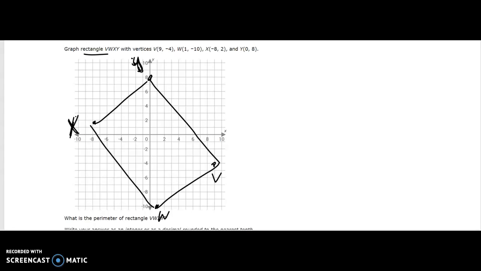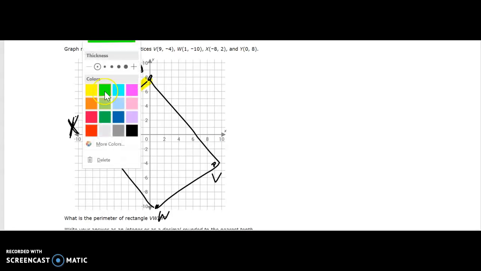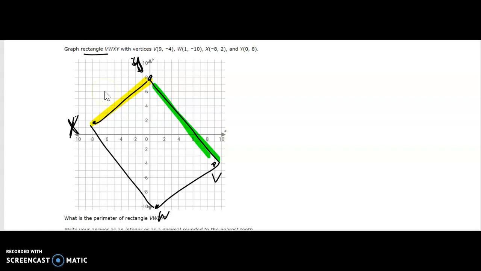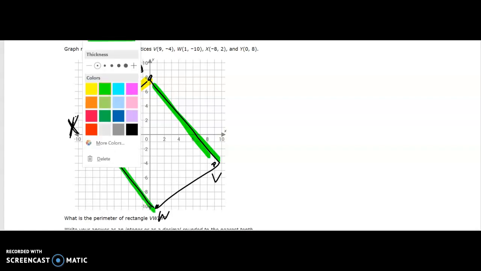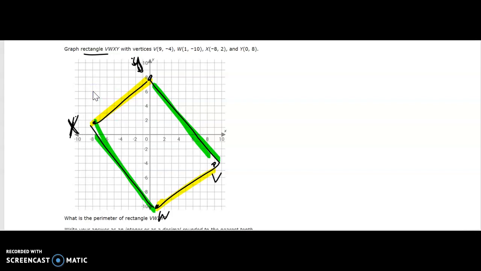So again, perimeter is the distance around, but the good thing about perimeter is all we have to do is find that length, and then we would have 2 of them. And we would add all 4 up and get the perimeter.